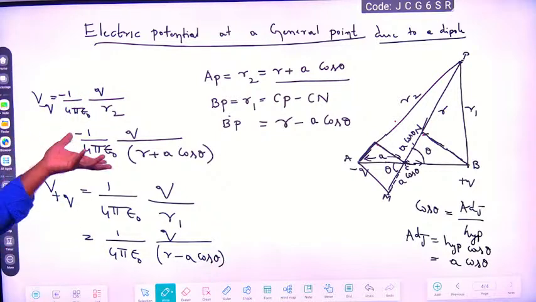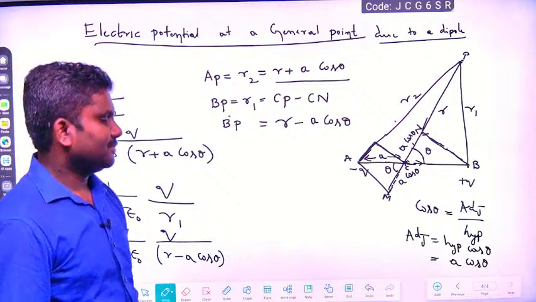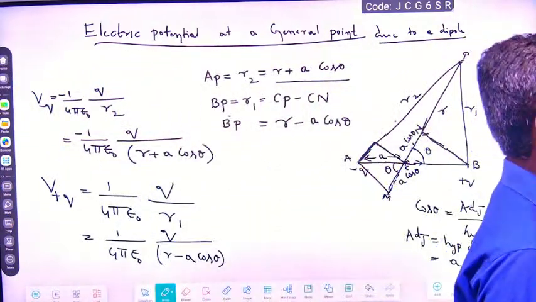Now both you combine, that is the total potential. Please take.